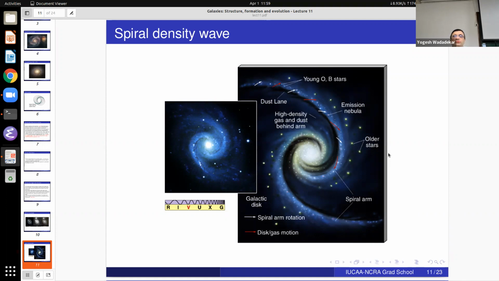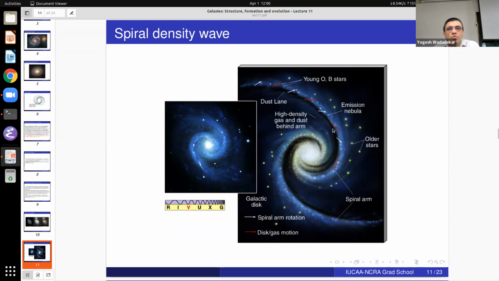So relative to the underlying disk, which way is the spiral arm rotating? Think of it this way: go to a frame in which the spiral arm is slowly rotating in the anti-clockwise direction.